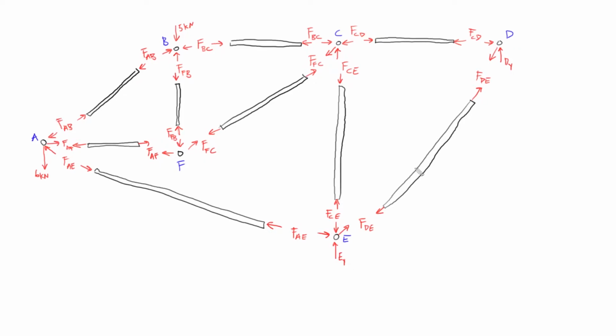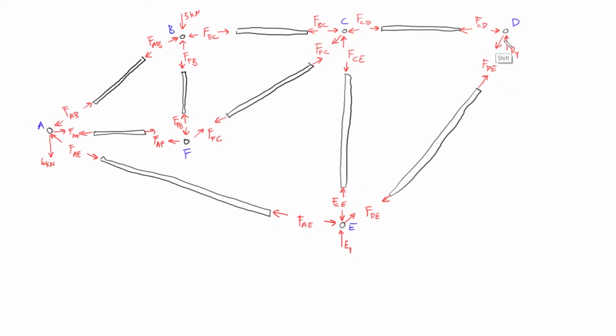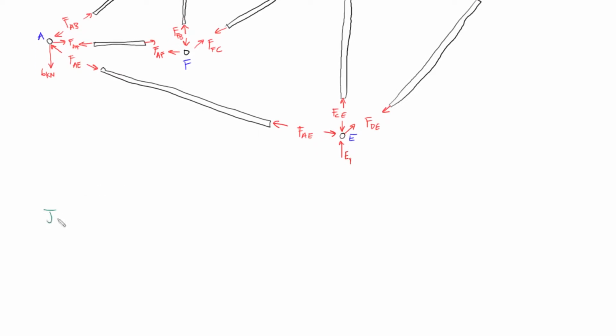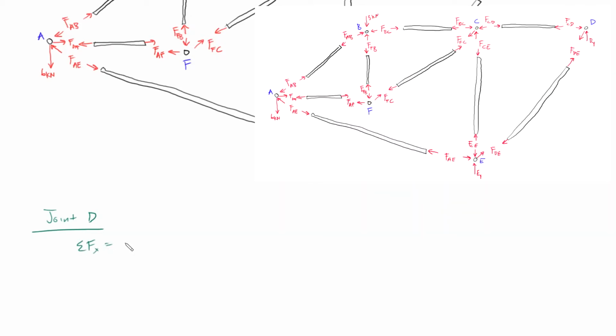So for joint D, the sum of the forces in the x direction: we get positive, I'm sorry, this is off screen, positive FCD minus FDE cosine theta equals 0. And then you get FCD equals FDE cosine theta.